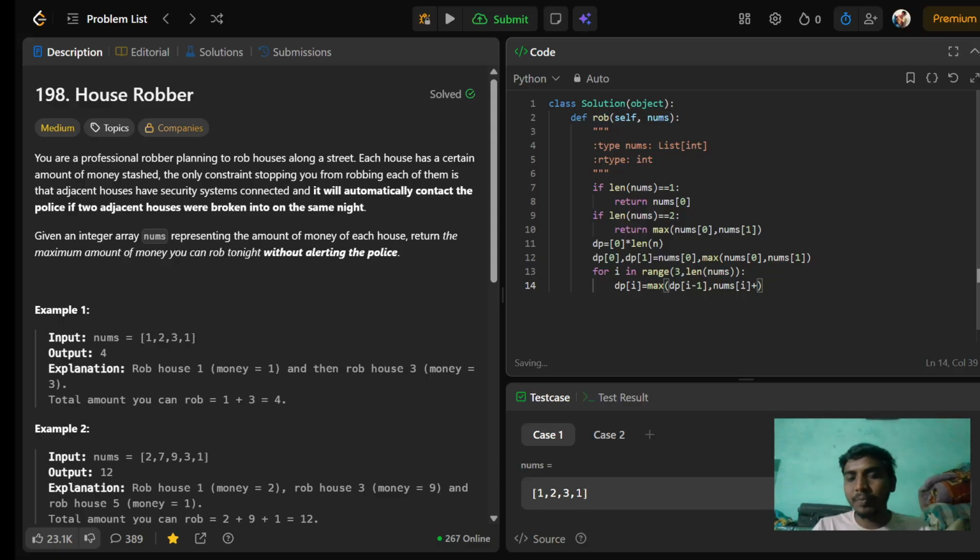What is the maximum at the previous house that is stored in the dp, right? Every house's maximum is stored at the index, that is index i minus 1, i minus 2. We need to carefully observe that the answer might be at the last or the previous one.